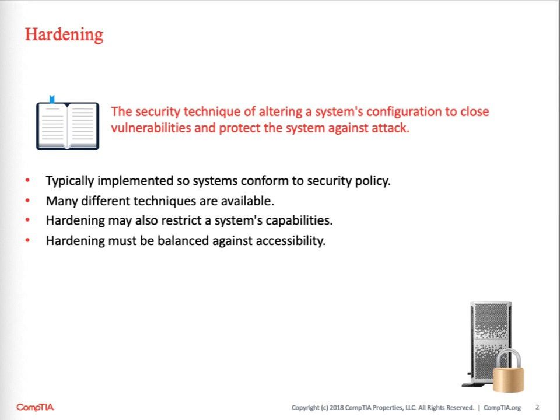It depends on the type of system and how much security we really need, right? When hardening a system, we need to keep in mind why we are intending to use this type of security, because hardening the system is going to restrict a system's capability and system access. So the need for security needs to be balanced against accessibility.